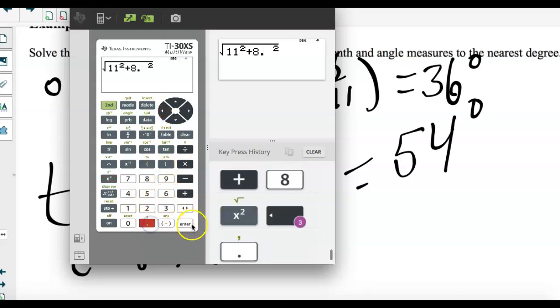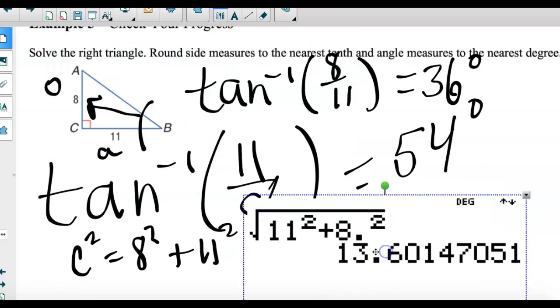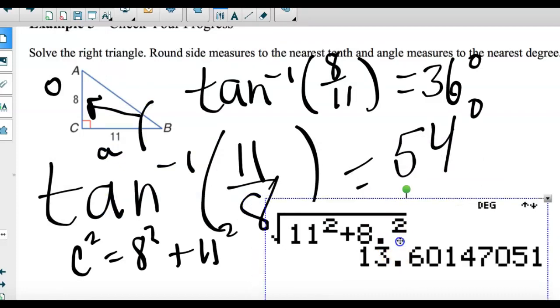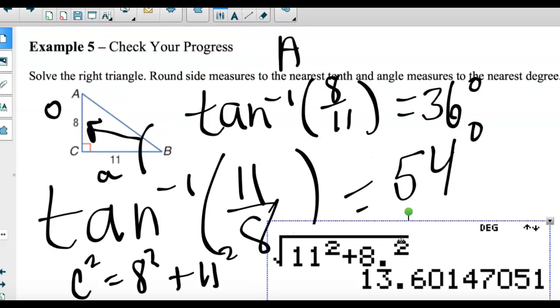Put a little decimal in there. So we get that that missing side length is 13.601. So we would have that line AB is equal to 13.60.